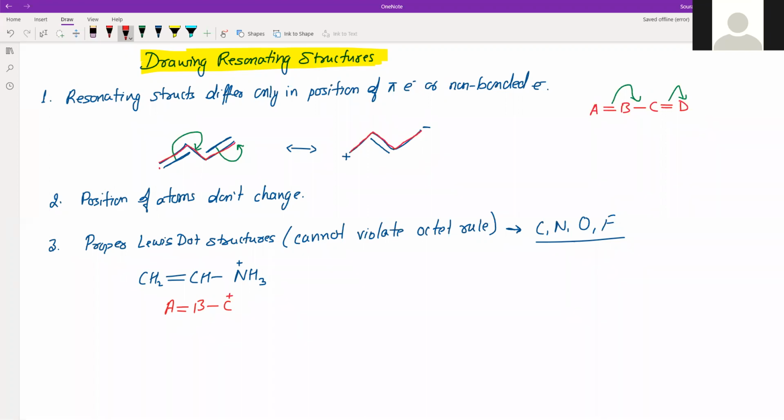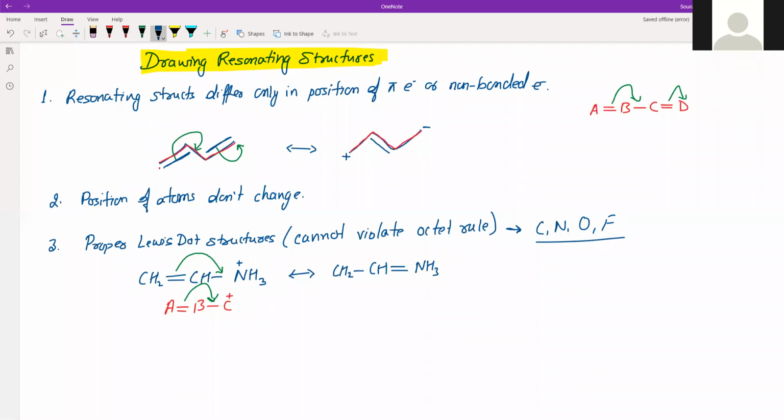The electron moves from this double bond to this single bond. So the next resonating structure will be CH2 single bond CH double bond NH3.